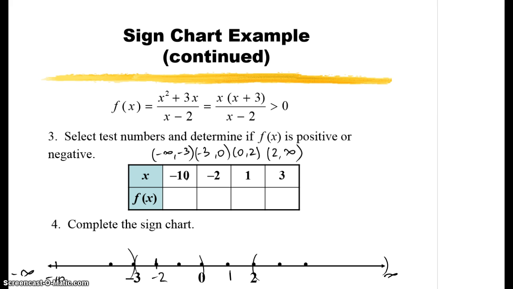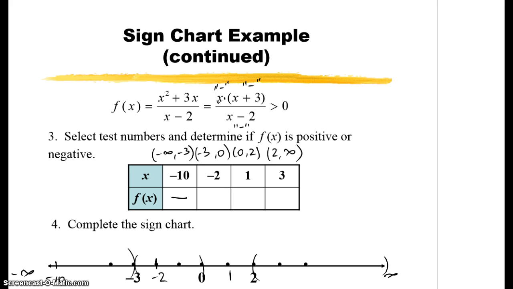For example, with negative 10, the x factor is negative, x plus 3 would be negative 7, so negative, and at the bottom you have negative 10 minus 2, which is also negative. Negative times negative is positive, divided by negative gives me a negative. That's a shortcut you could use. You don't actually have to find the value of f of x. You just need to know if it's positive or negative.